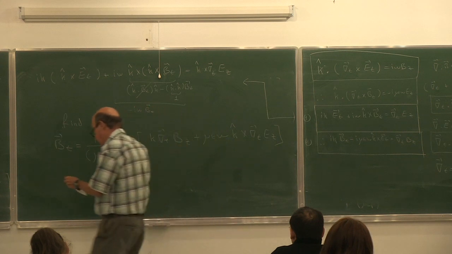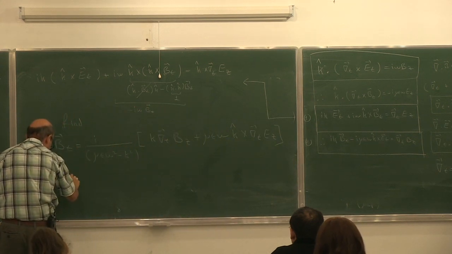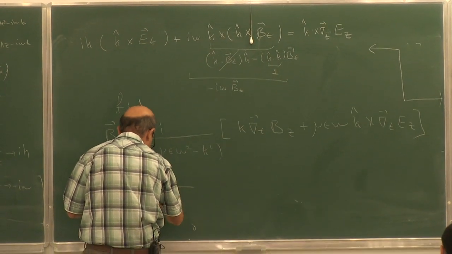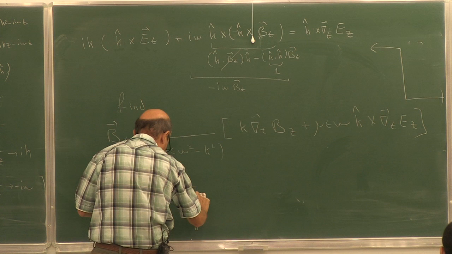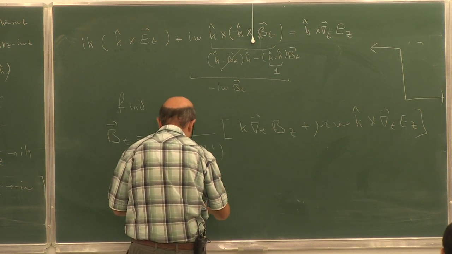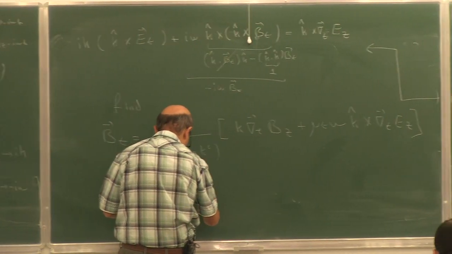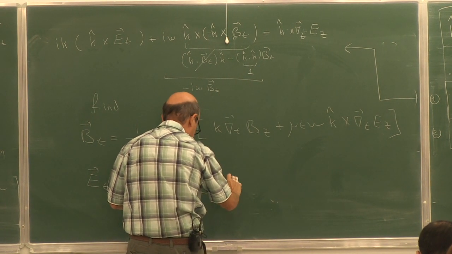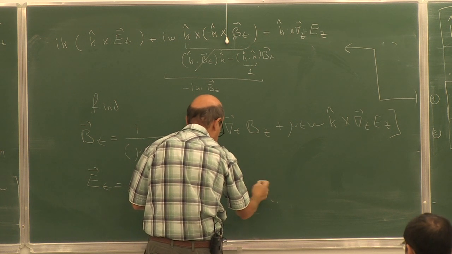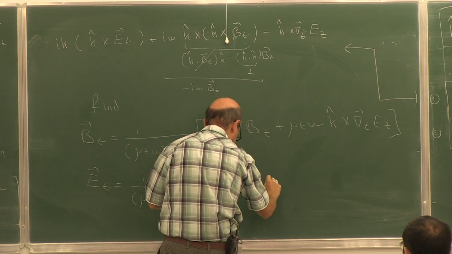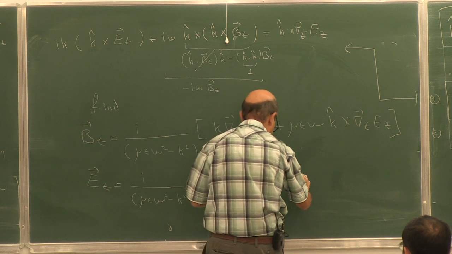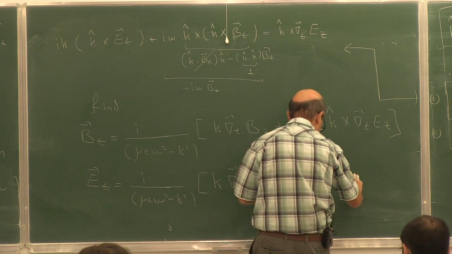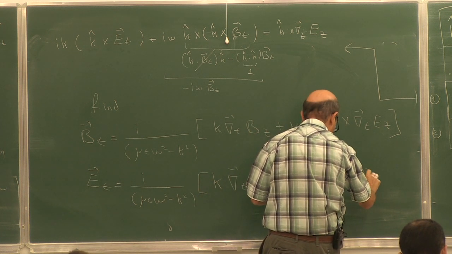Similarly, if you want to calculate the E transverse, you will get i over mu epsilon omega square minus k square, times k gradient of the transverse of Ez minus omega k cross gradient of the transverse.